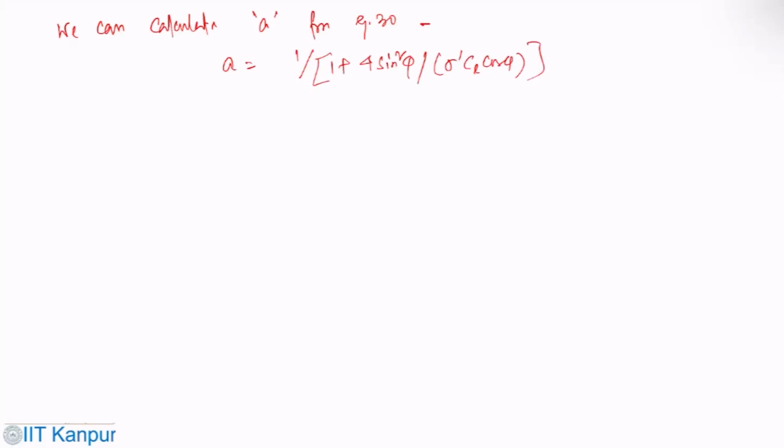So that's what you get, and you get A prime equals (1 minus 3A) by (4A minus 1).